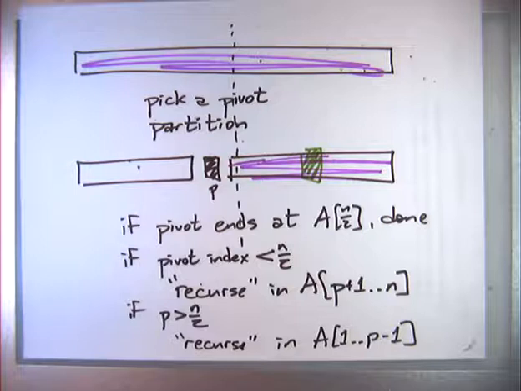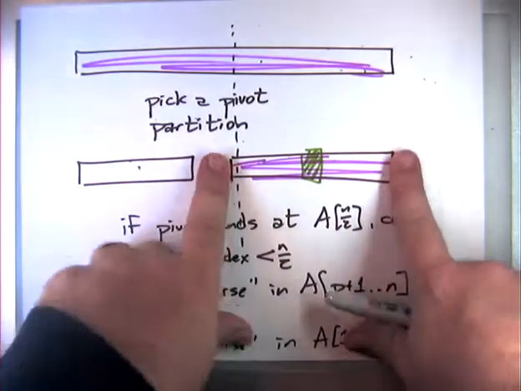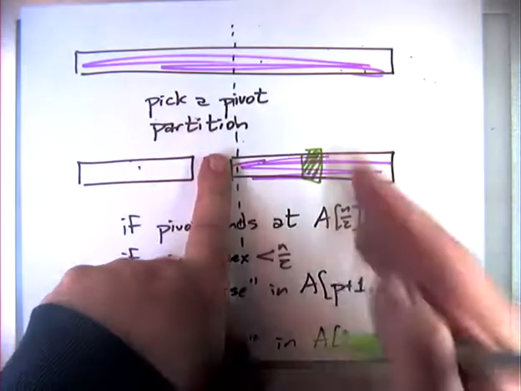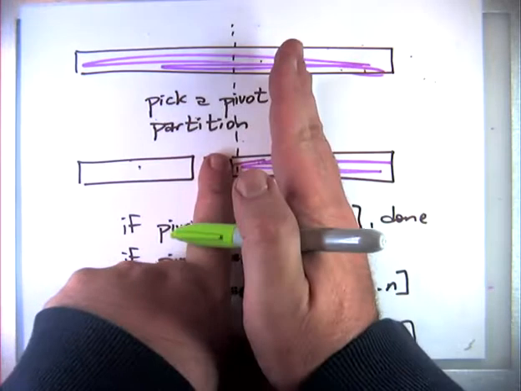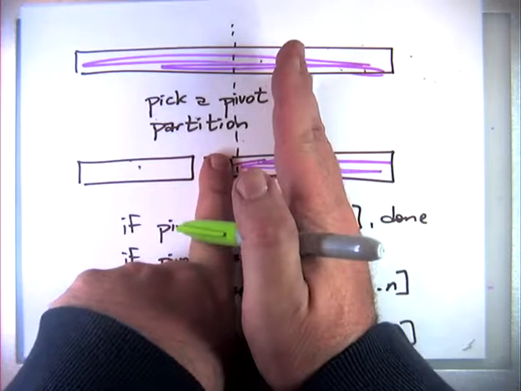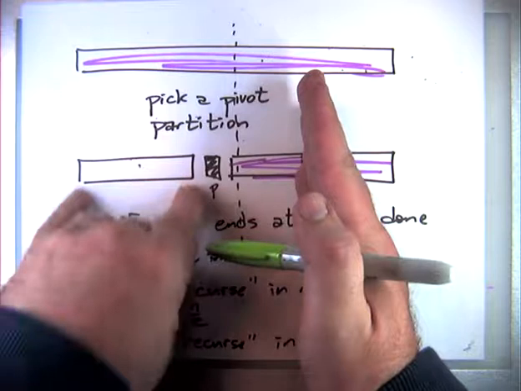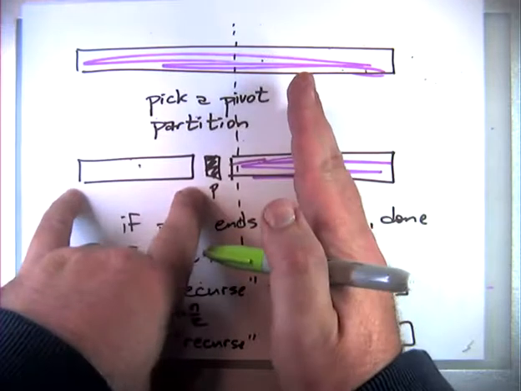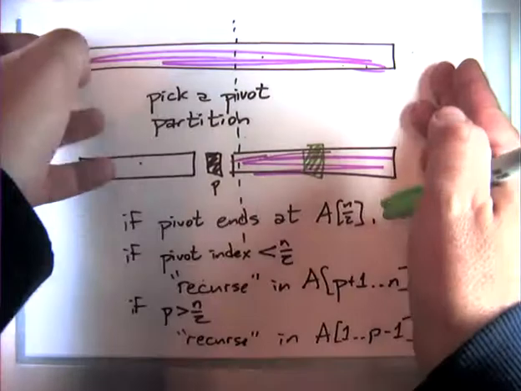Okay? That's what the median means. Half of the elements are smaller, half of the elements are bigger. So if I say find the median of this subarray on the right, it's going to find the thing that's right in the middle of the subarray on the right, which is also going to be bigger than all these things on the left, so it's not going to be in the middle of the original array.